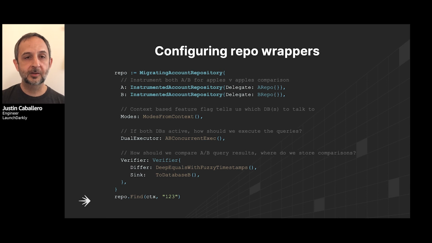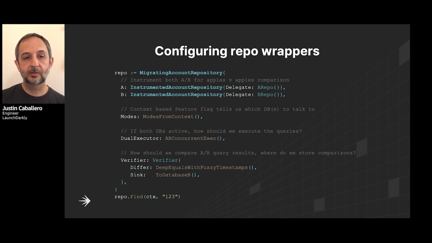And then in our application, we set up these wrappers using the A and B repository implementations that have our database queries. So we wrap both of those inside of a sort of switching wrapper. Here it's called a migrating account repository. That wrapper also has a handle on the thing that provides us which mode we're in, which is backed by flags, as well as how to execute the A and the B calls as a strategy object called a dual executor here.